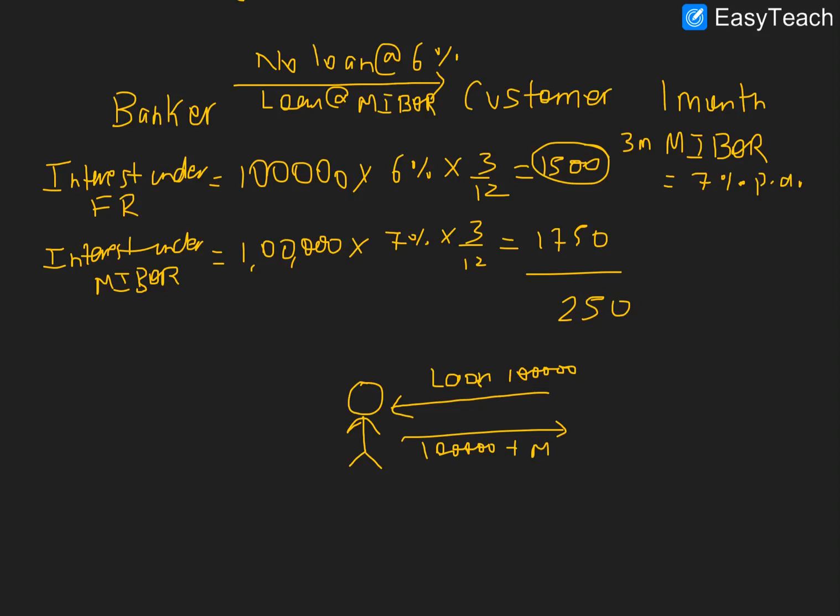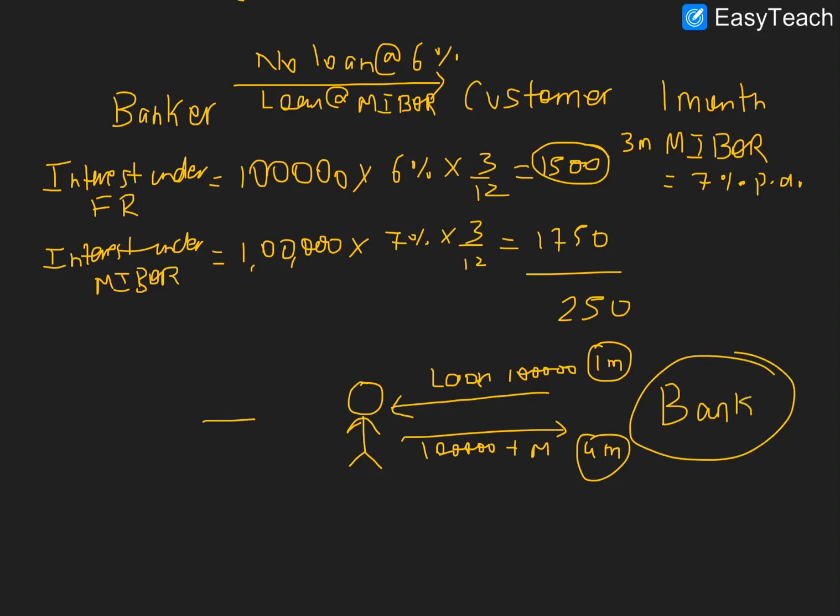You take the loan after 1 month, and it is supposed to be paid back after 4 months to the bank. And from the other side, the banker says that when you pay back that interest plus MIBOR, the bank also promises that we are going to pay this 250 rupees to you.